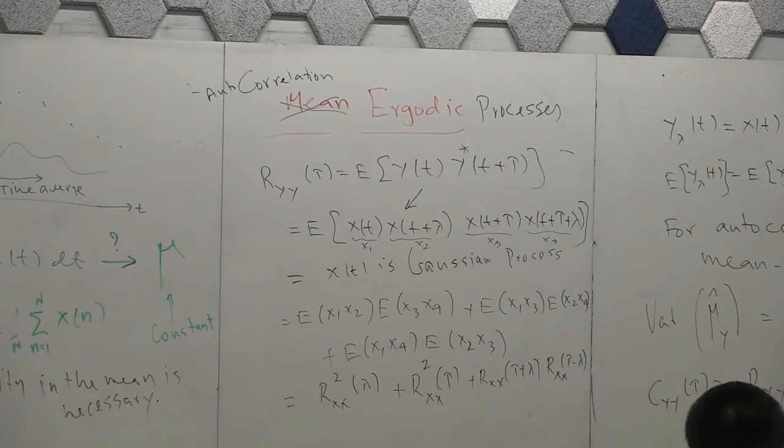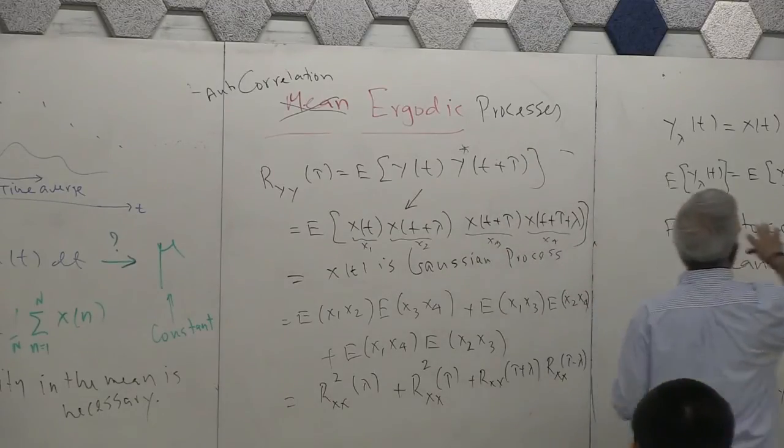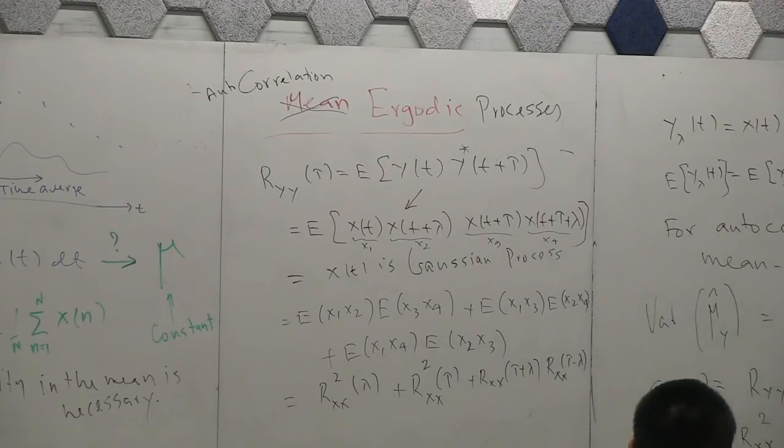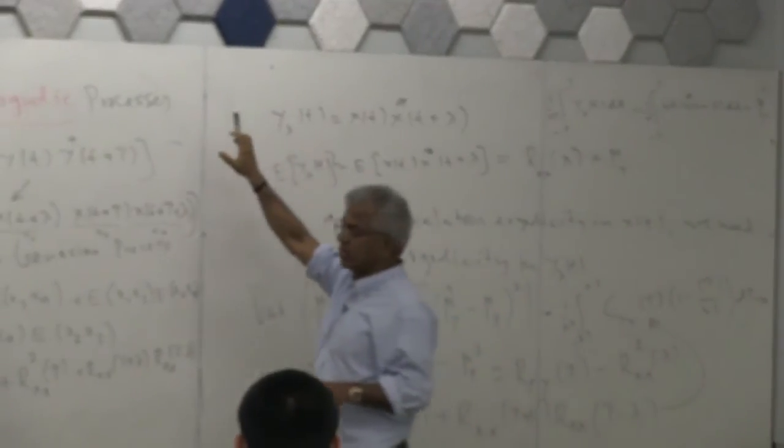Why is correlation ergodic necessary? If you want to compute the spectrum, you need the autocorrelation function. If you only have data, you can compute the autocorrelation function in this manner, right? But this autocorrelation function will represent the true one only under this condition, correlation ergodic.